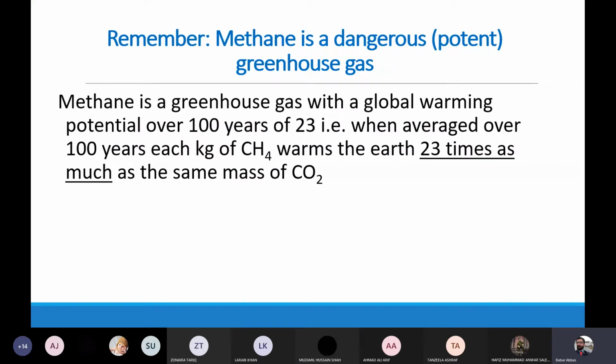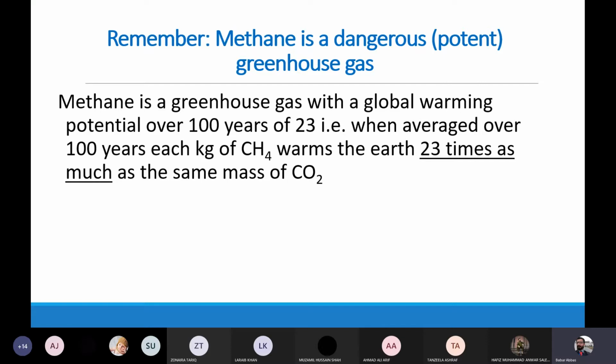And if you are having the maximum content in the biogas system as methane, then you must also remember that methane is a very dangerous and potent greenhouse gas. It has a global warming potential over 100 years of 23.